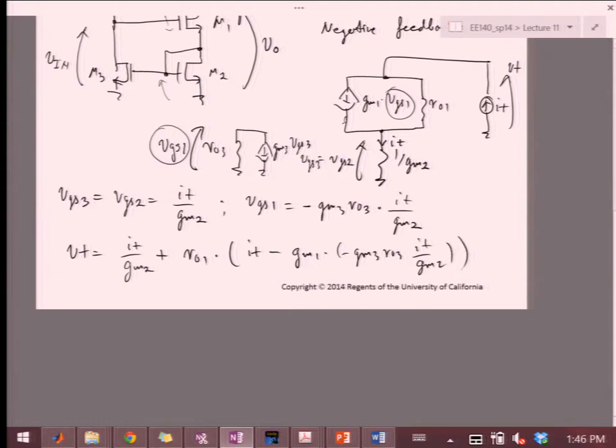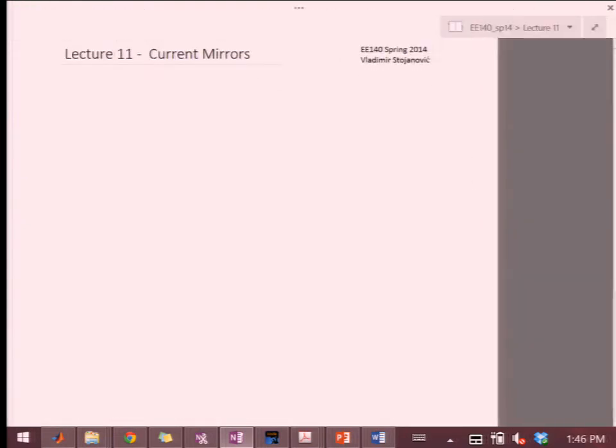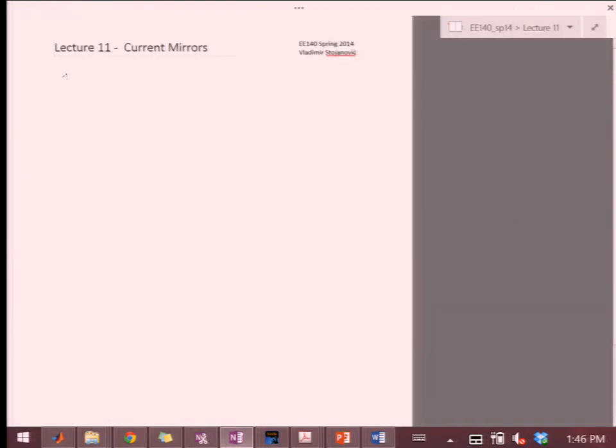Now you start seeing I'm starting to get some multiplication of R naught over here. So I'm going to have my VT equals IT over GM2 plus RO1 IT, or I'm going to do plus now, GM1 times GM3 over GM2 times RO3 times IT.